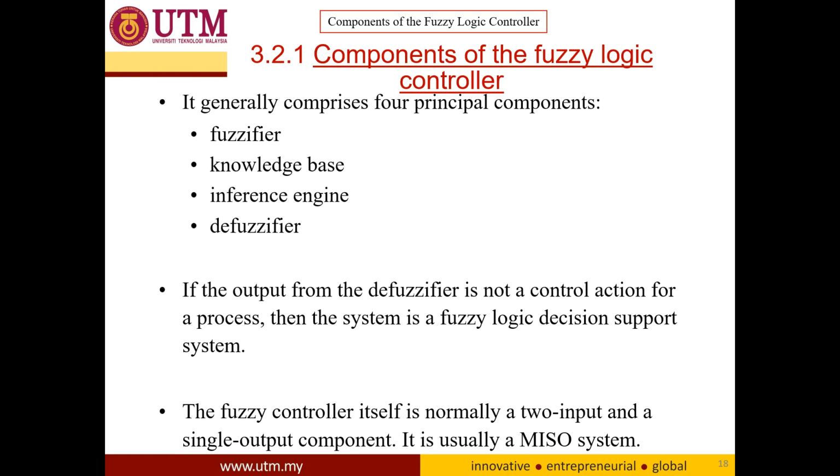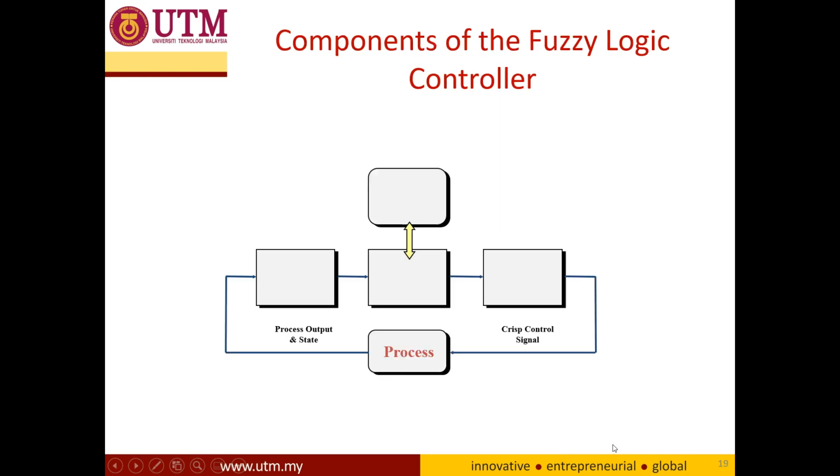A fuzzy logic controller typically comprises four principal components: the fuzzifier, knowledge base or rule base, inference engine, and defuzzifier. Typically it's a two-input, single-output component. It is usually a multiple-input single-output system. The job of the fuzzifier is to convert crisp or real-world values to fuzzy values.